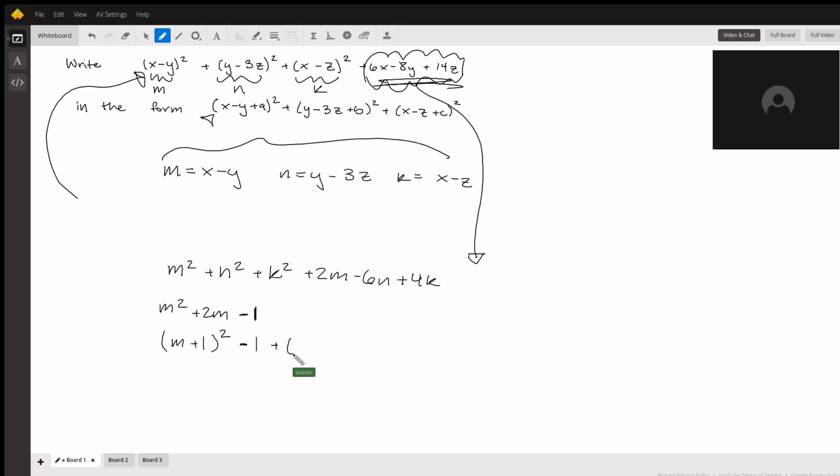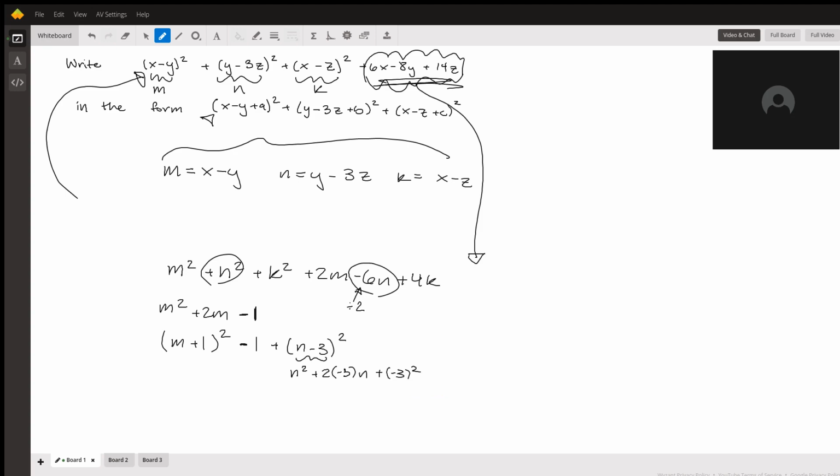And now let's do our n terms. We have an n squared and a minus 6n. So to complete the square, we want to take this negative 6 and divide it by 2, because whenever we're squaring a binomial where we have a variable term and a constant term, it's going to end up being n squared plus 2 times that constant term, so in this case negative 3, times n plus that constant term squared, right?